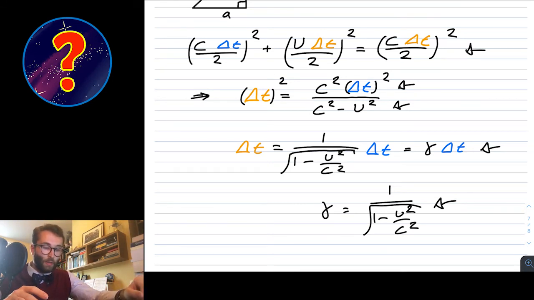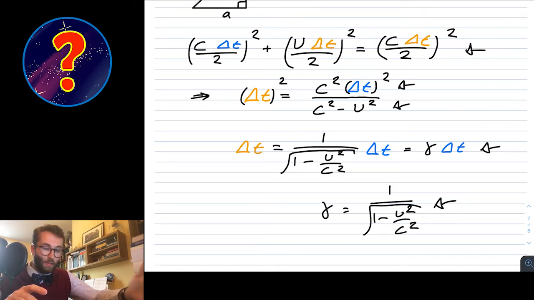So, if the blue clock inside the train ticks with some tick time blue delta t, for the person outside of the train, seeing the train move at a speed v, the tick will instead be this orange delta t, which is the gamma factor times blue delta t. And this gamma factor is always bigger than 1. So that means that the length of the orange tick, the length of the tick as seen by someone outside of the train, is longer than the length of the tick for the clock inside of the train.